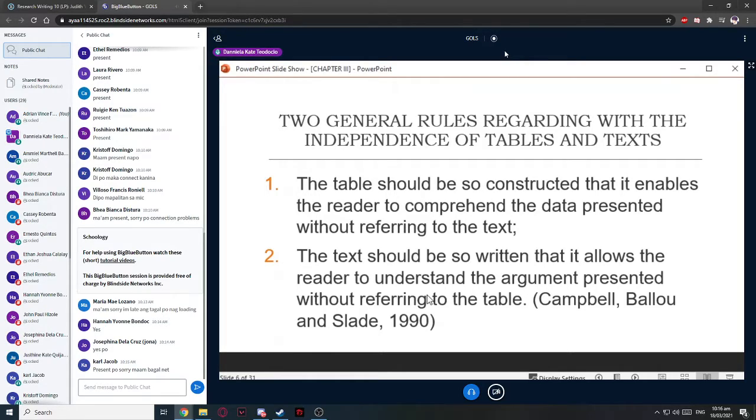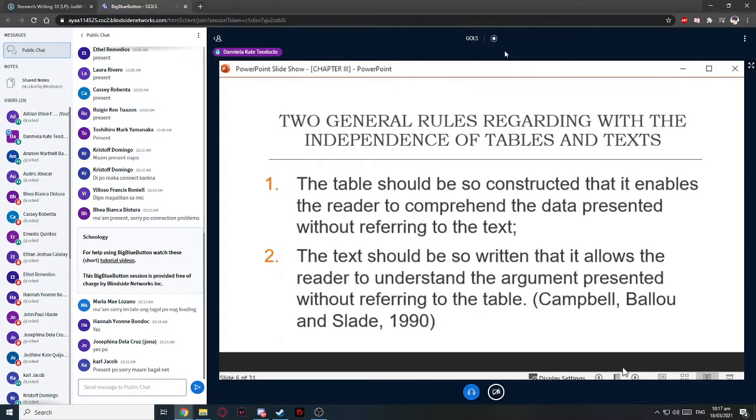So we should keep in mind that readers should understand the data in our table even without reading the text, or our audience should understand our text without even reading the table. So that's what you call independence of tables and texts.